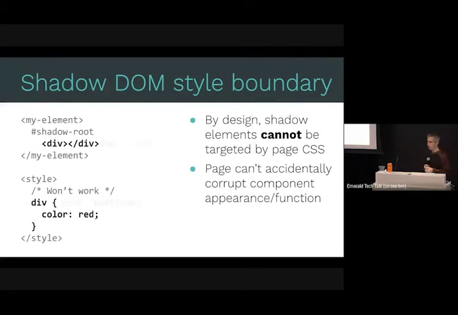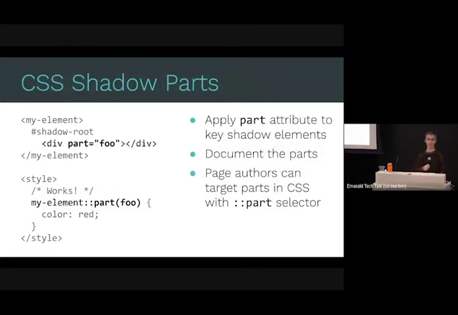So there's a new CSS feature called CSS Shadow Parts, which is a way where a component author and a page author can cooperate on styling stuff that's inside of a component. The way this works is that the component author identifies the key elements inside their component that they think someone might want to style. So if there's a div, they say, okay, I'm going to call this the foo part.